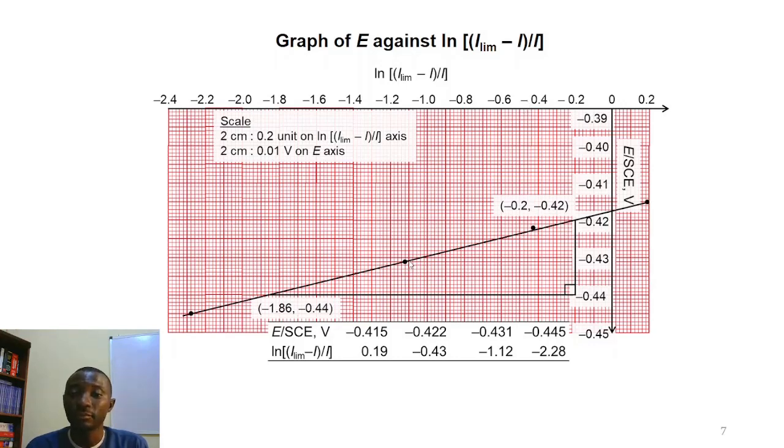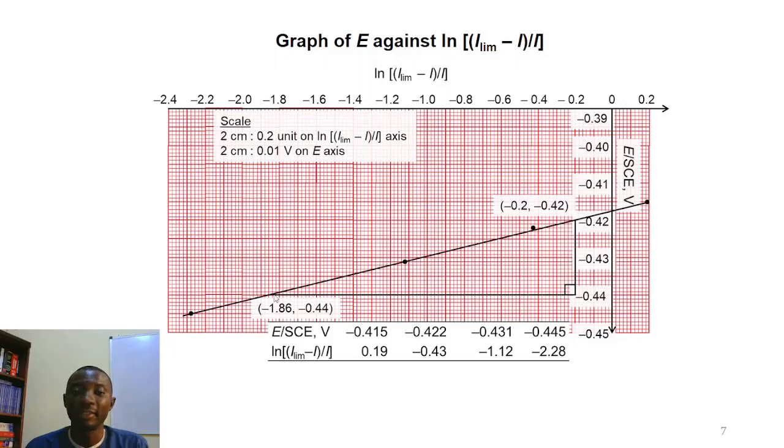Third point is negative 0.431 against negative 1.12. The final one is negative 0.445 against negative 2.28. Draw the straight line, and then we choose 2 points on the graph that intersect with the graph grid quite conveniently.